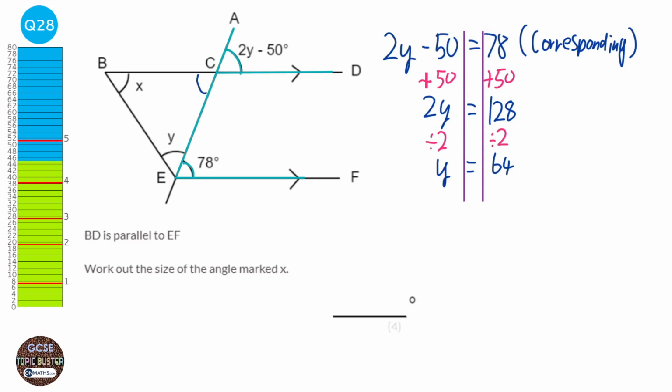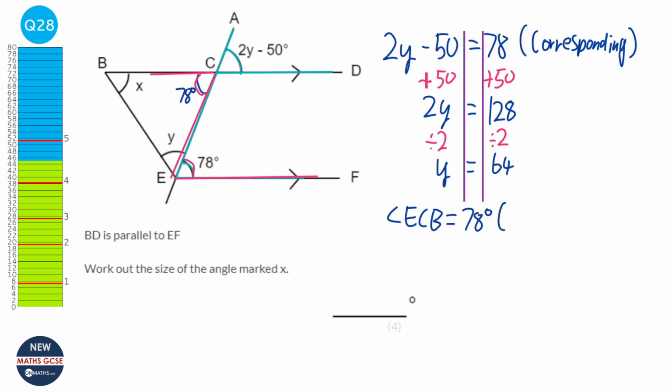But actually, if we look at this part here and this part here, these are also two parallel lines, and this angle here and this angle are going to be alternate. So I can write that down here. So angle ECB is equal to 78 degrees. So this will be 78 degrees.